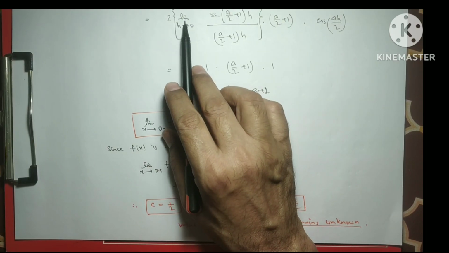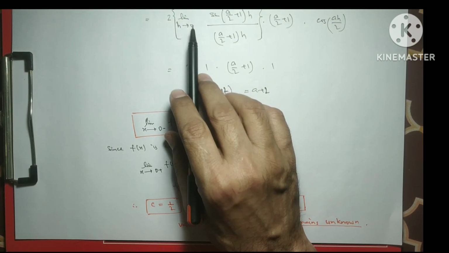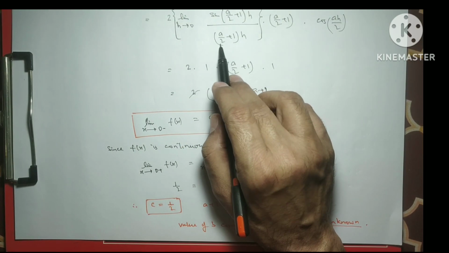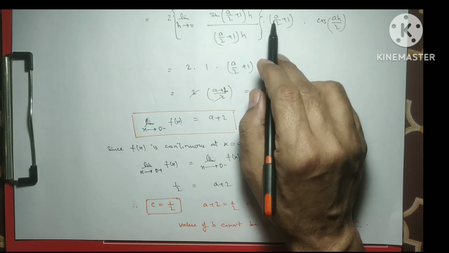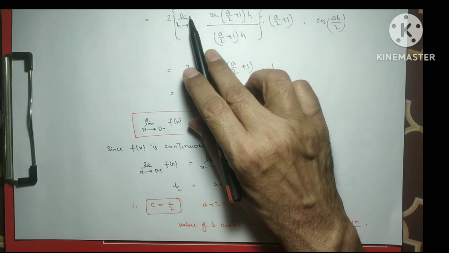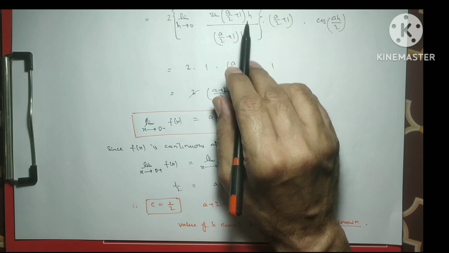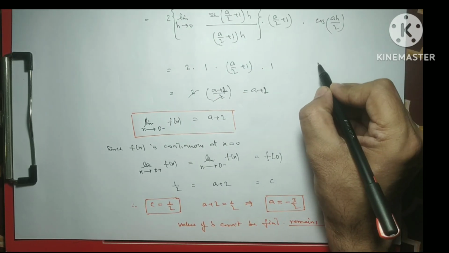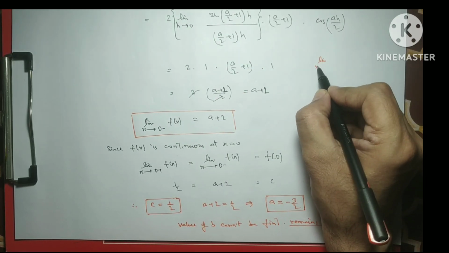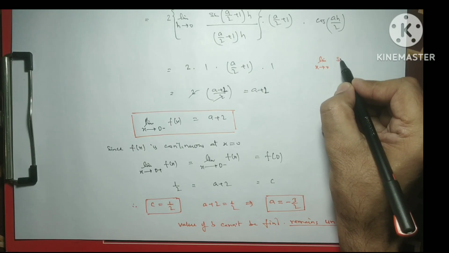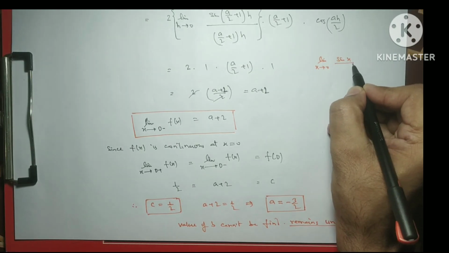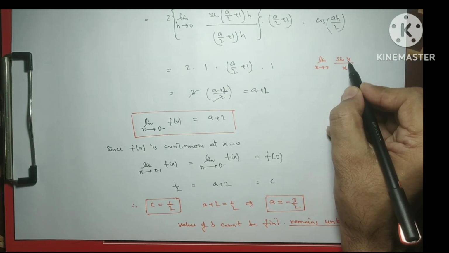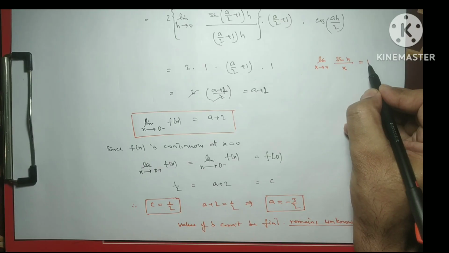It is twice limit h tends to 0, and when we multiply and divide by a by 2 plus 1, this becomes the standard theorem, that is limit x tends to 0 of sine of any angle divided by the same angle is 1.